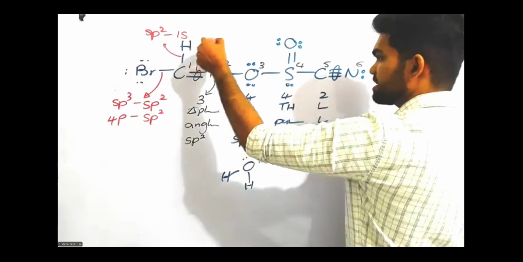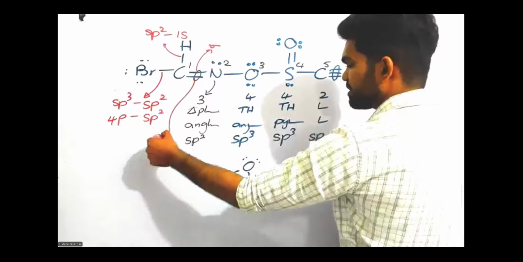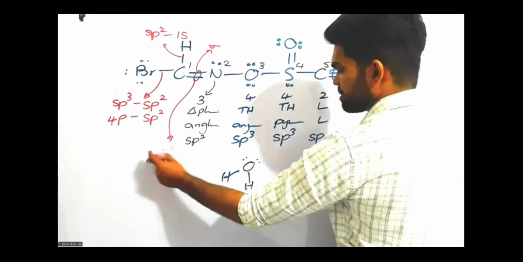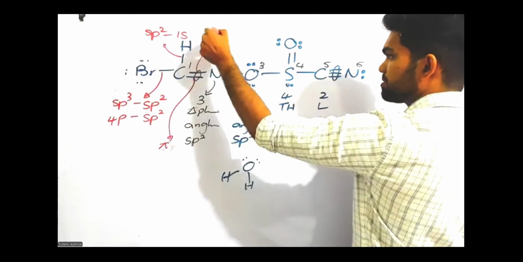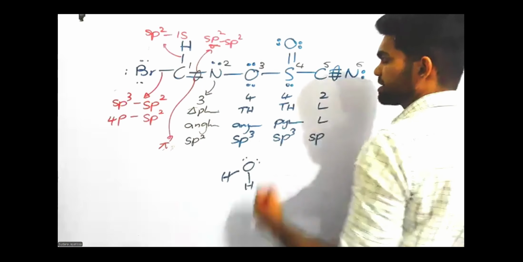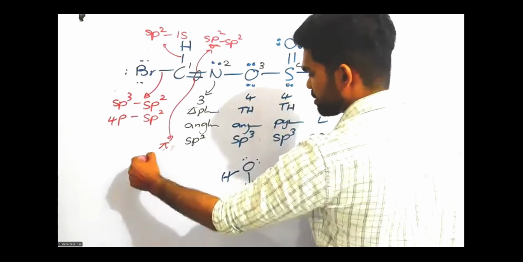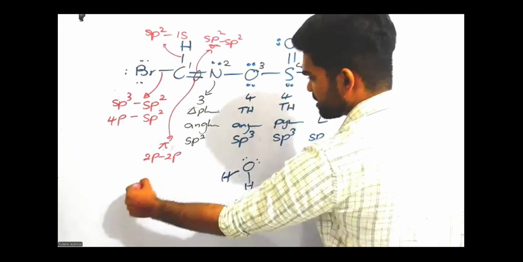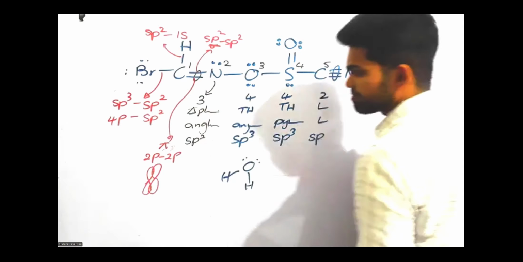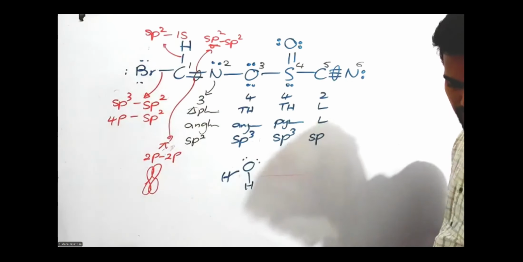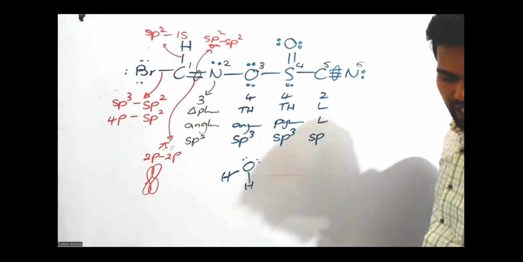Let's say this one is a sigma bond and the other one is a pi bond. So the sigma bond is made between sp2 overlapping. And this pi bond is formed between 2p and 2p lateral overlap. Understood, Lamai?